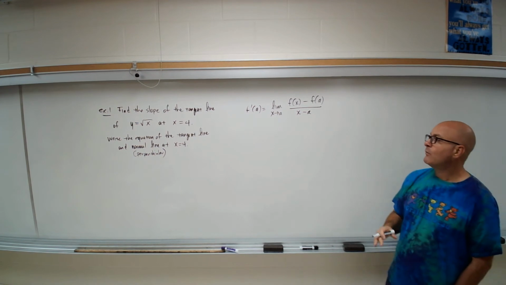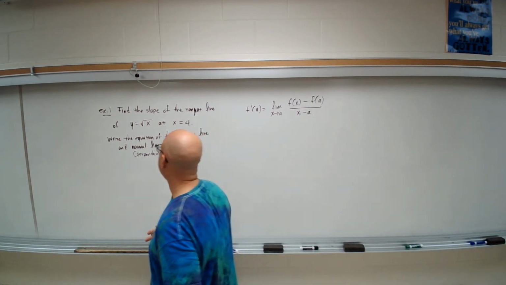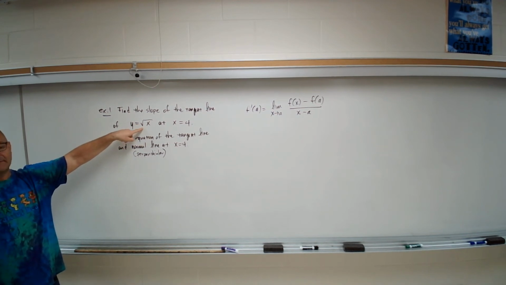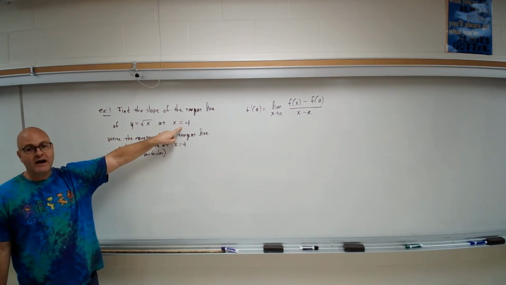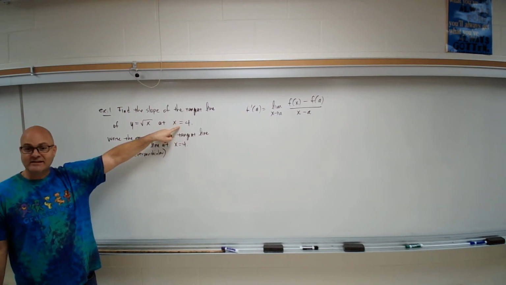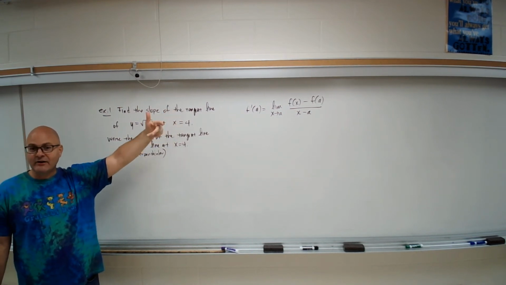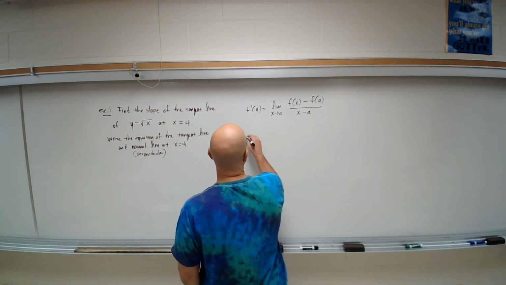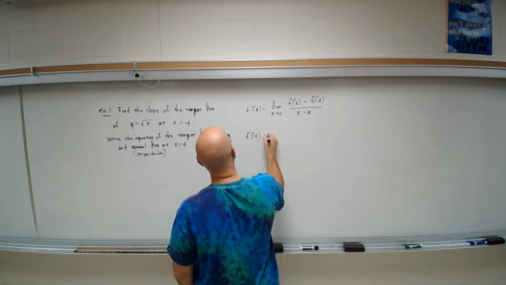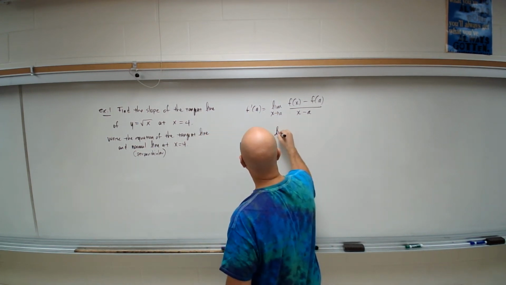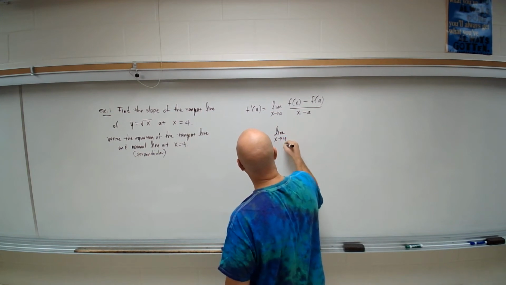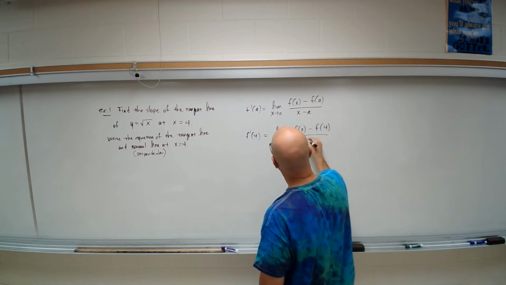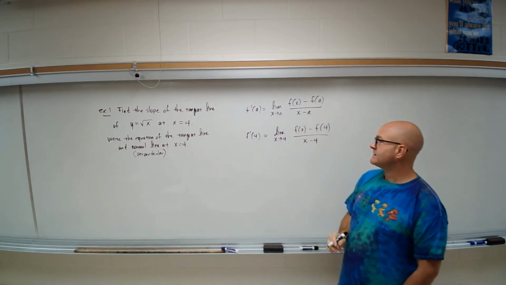Okay, now, with our property over here, what we're asked to do, we can see the function is going to be the square root of x, correct? And we can see that we want to find it at 4, so that means a is going to be 4. We're going to leave x in here and have to simplify it and do the limit. So what we'll get here is that f prime of 4 will be the limit as x approaches 4 of f of x minus f of 4 over x minus 4.